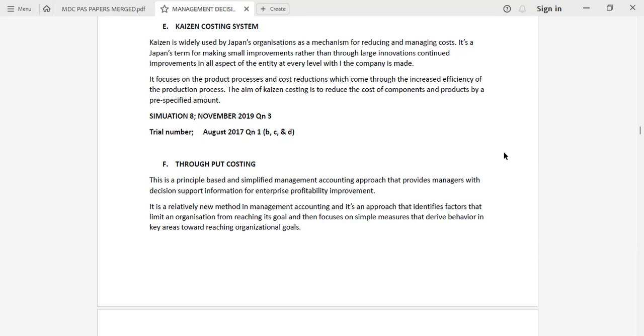In other words, even if you identify many innovations that need to be made on a certain product, you should implement them on a step-by-step basis.